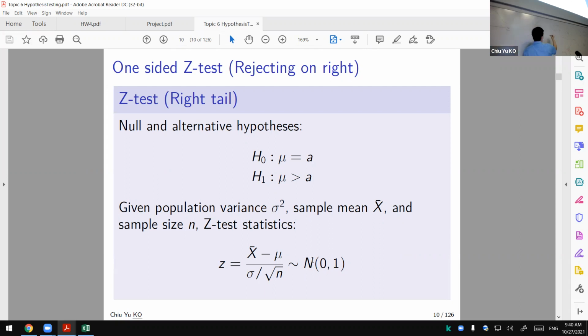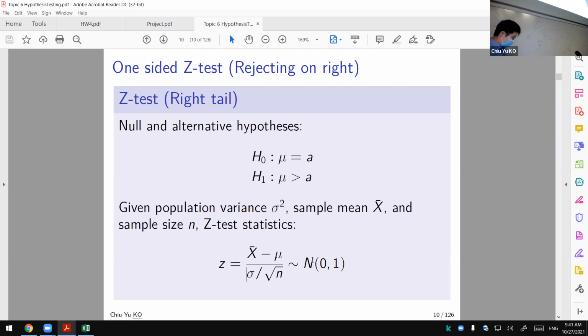So we will be talking about this area. We want the tail to be alpha, so everything on the left-hand side is 1 minus alpha.